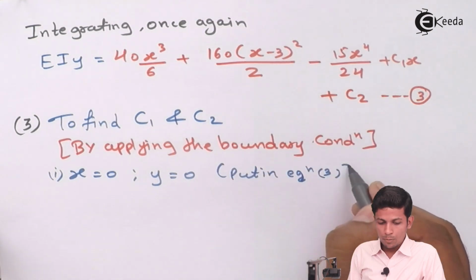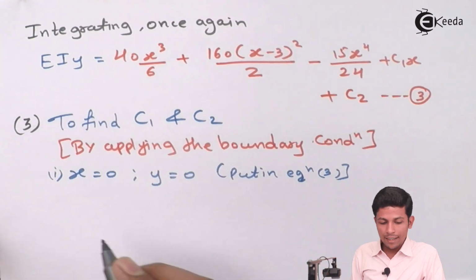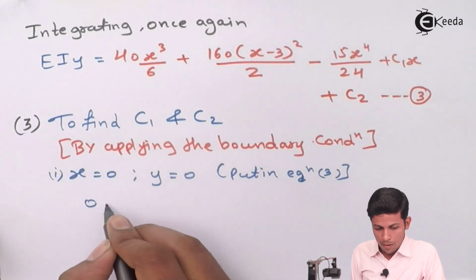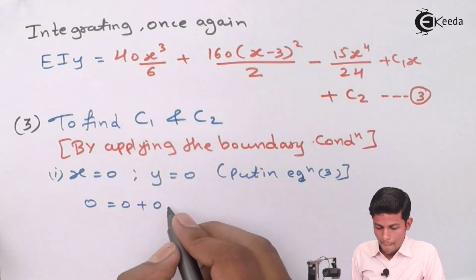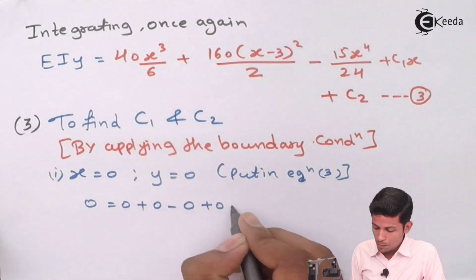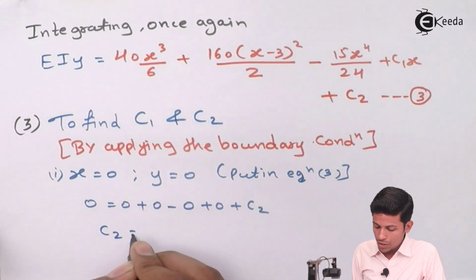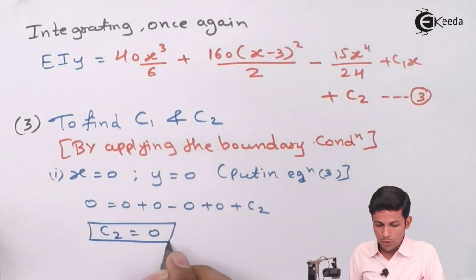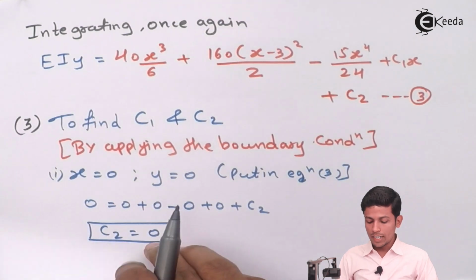Put in equation 3. We get 0 is equal to 0 plus 0 minus 0 plus 0 plus C2. Now you get the value of C2 will be 0.